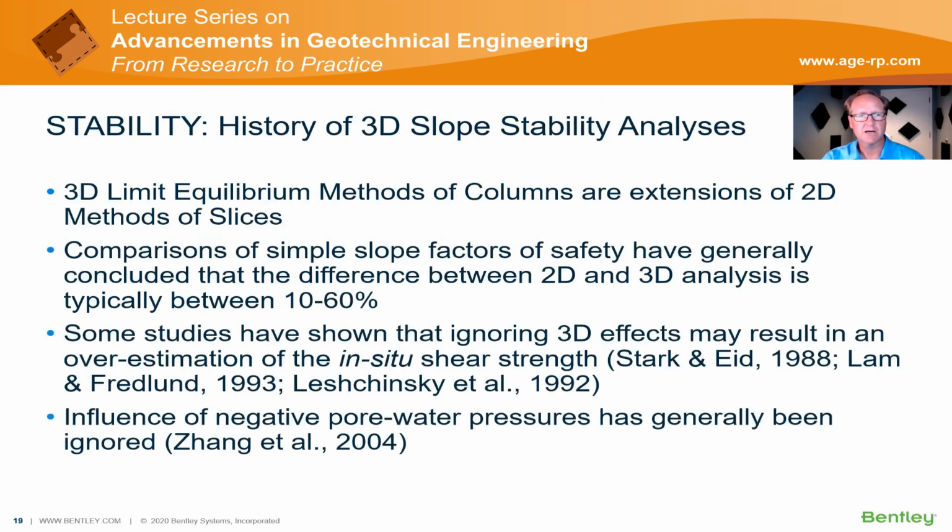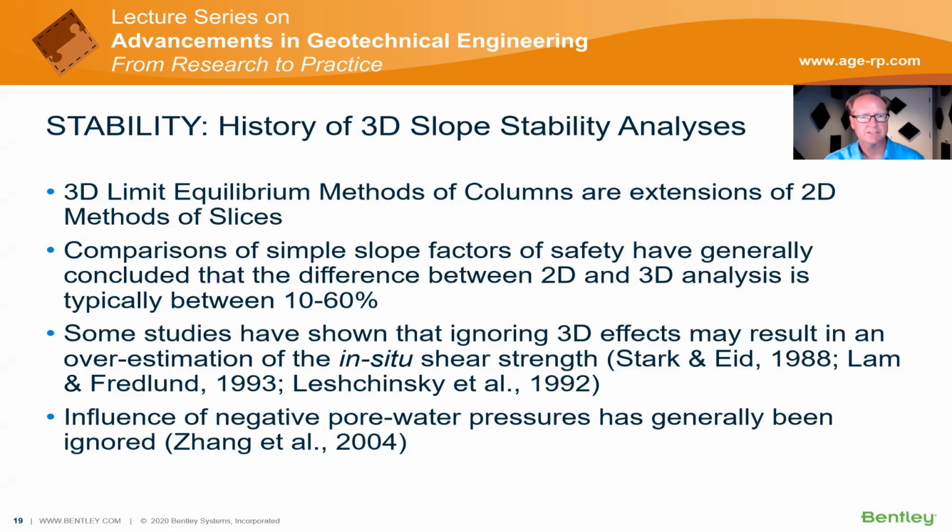So now I'd like to talk a little bit more about stability and the application of both 2D and 3D stability analysis. And we're going to talk primarily about 3D today here. So the 3D limit equilibrium method of columns is an extension of the 2D method of slices. And if you compare 2D and 3D analysis, you will have differences between 2D and 3D in the order of somewhere between 10 and up to 60, as high as 60% difference between a 2D and a 3D analysis.